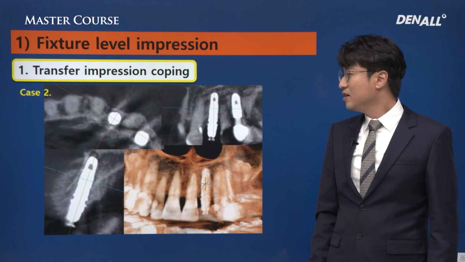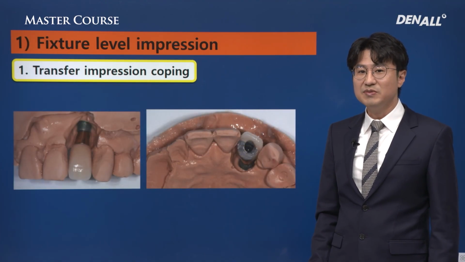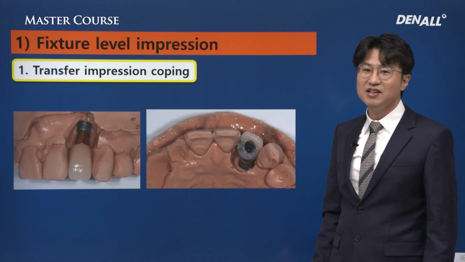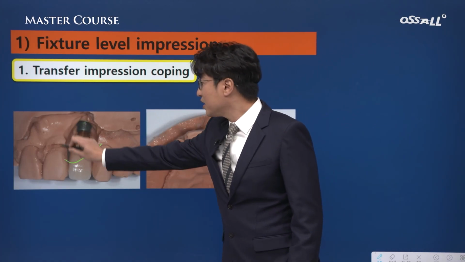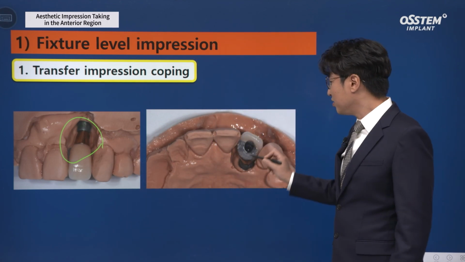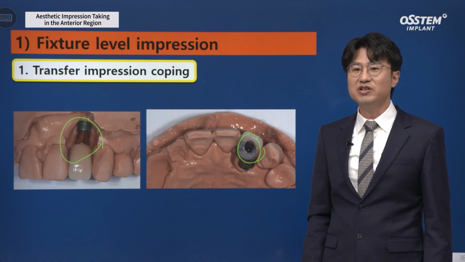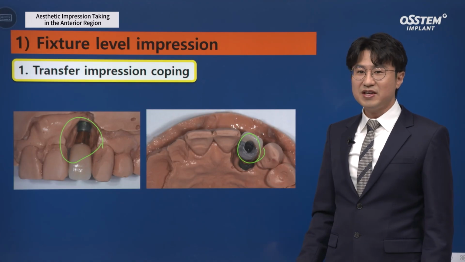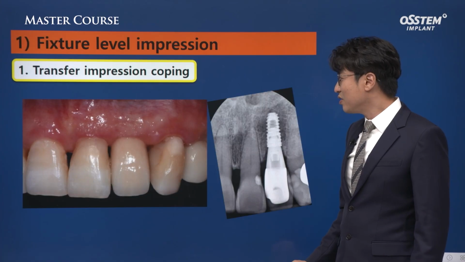Another case, at number 22, an implant was placed. Just like the previous case, an implant level impression was taken and I work with the plaster model. I try to make the screw hole on the palatal side as much as possible, and it's connected in the mouth after extraoral cementation.